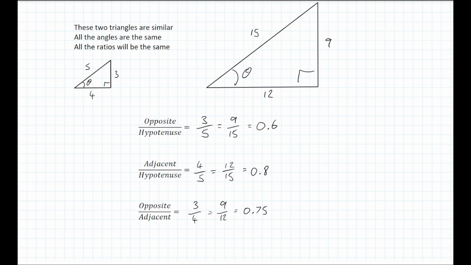Now, because we use these ratios all the time, between the opposite and the hypotenuse, the adjacent and the hypotenuse, and the opposite and the adjacent, we'd like to give a name to each of these. So, the name that we decided on was sine for the opposite and hypotenuse ratio, cosine for the adjacent and hypotenuse ratio, and tangent for the opposite and adjacent ratio.